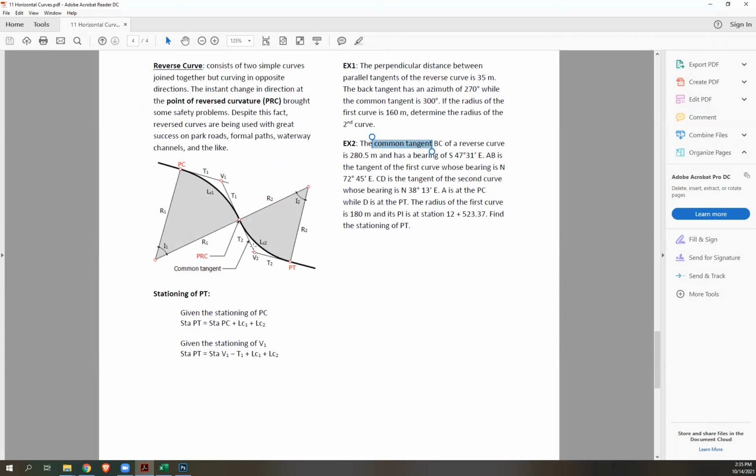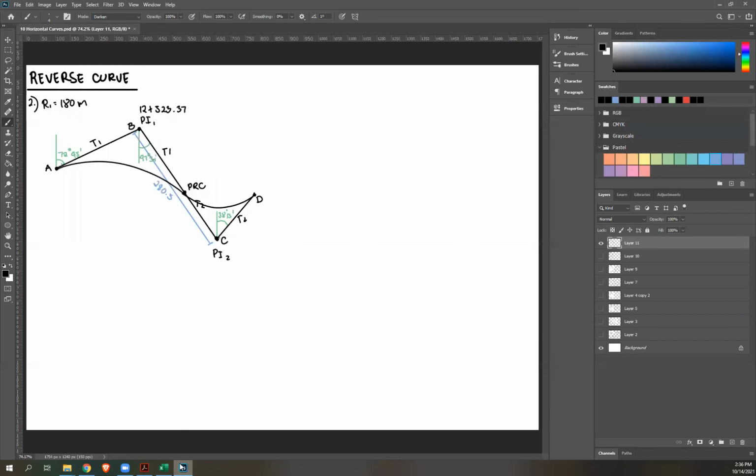By definition, the common tangent is where PRC is all the time. The common tangent is where your T1 and T2 are, forward tangent T1, back tangent T2, always. That's the definition of a common tangent. It shares the same azimuth bearing for T1 and T2. That's how I know.